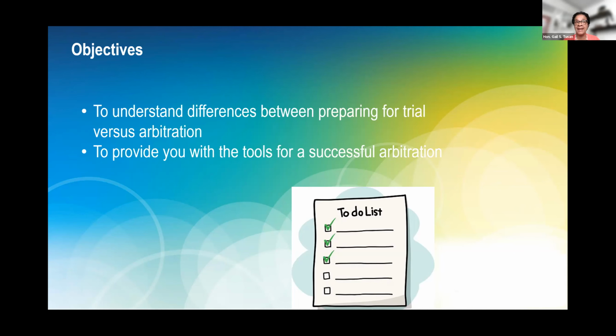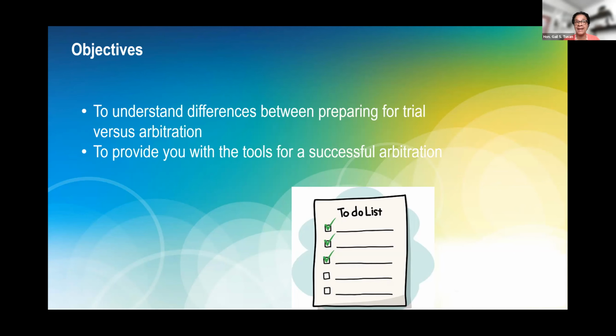Make a note that it is important that there be a responsive pleading so that the arbitrator has a full understanding of what the issues are, why there is a need for an arbitration, as well as any responsive defenses that might pertain to the arbitration.